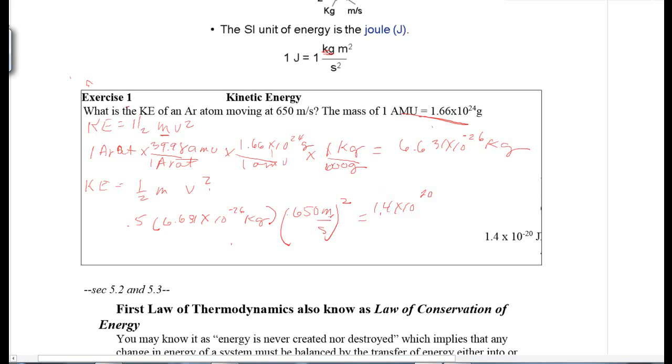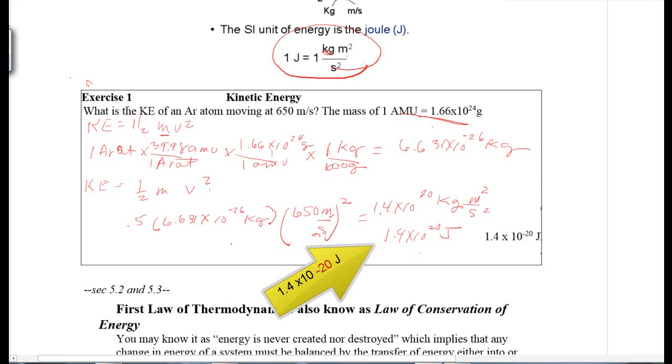Now my units here are going to be kilograms times, based on the velocity, meter squared over second squared. But that is what a joule is, so that is the same as 1.4 times 10 to the minus 20th joules.